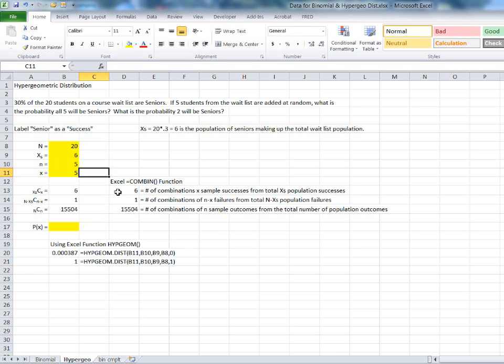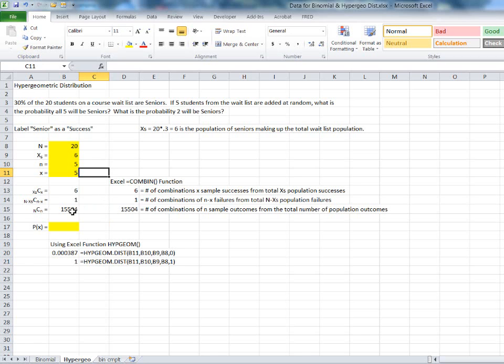So you can see there are 6 possible ways in which the 5 seniors can be chosen out of 6. There are 6 seniors altogether, and 6 different ways that 5 can be chosen. There's only one way in which no non-seniors can be chosen out of the 14 remaining.